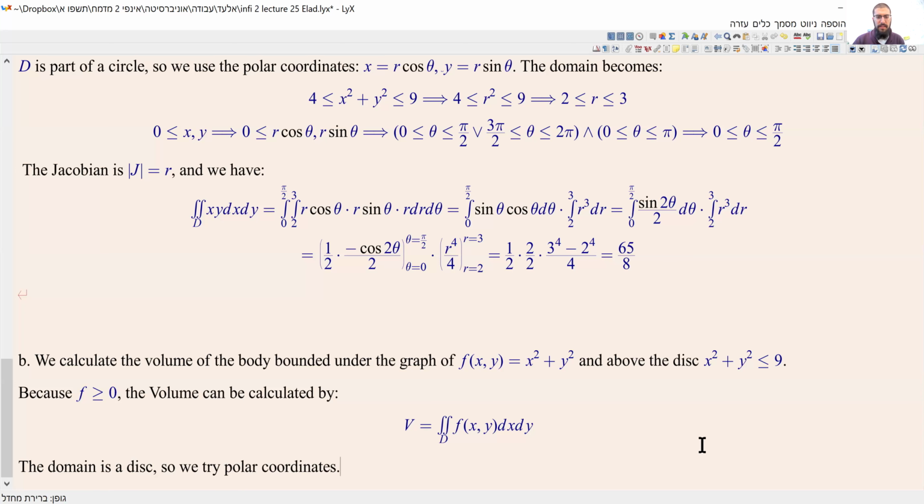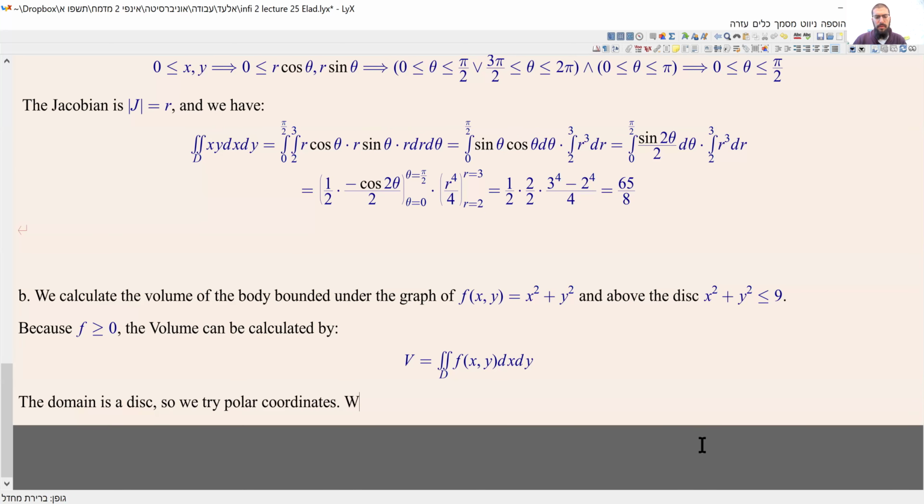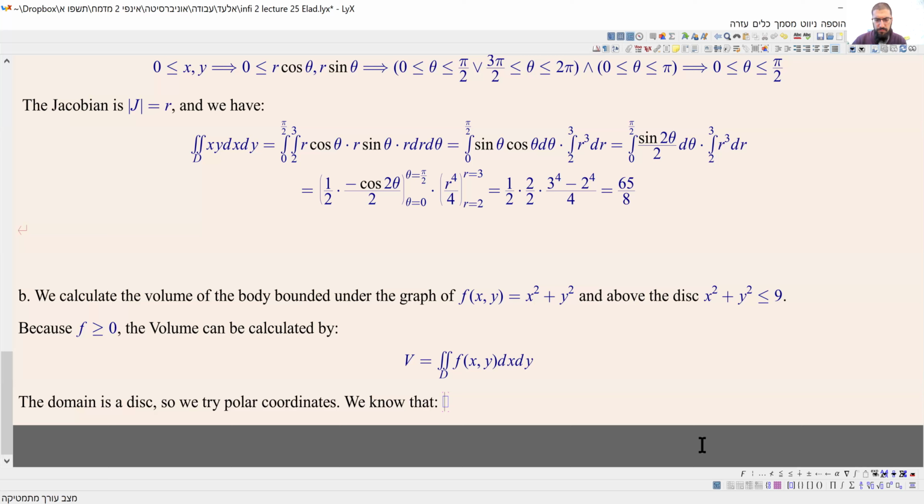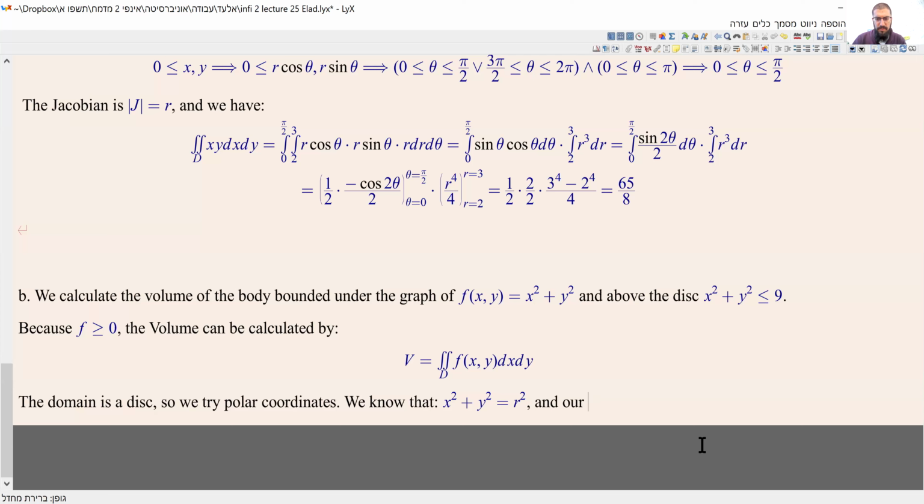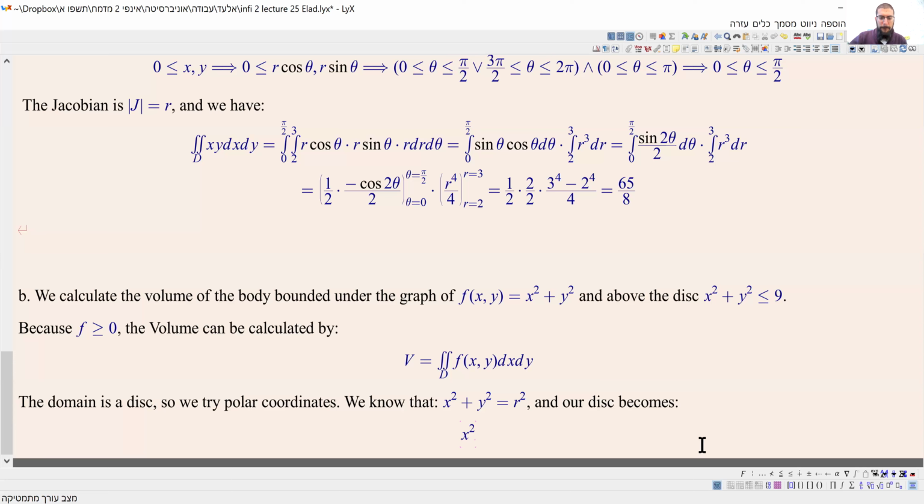Yet again, we know that x squared plus y squared is r squared. And our disk becomes x squared plus y squared smaller than 9, which is actually r squared smaller than 9.